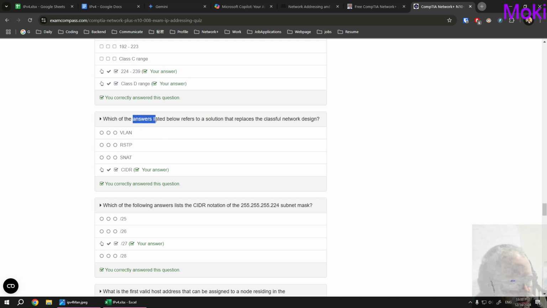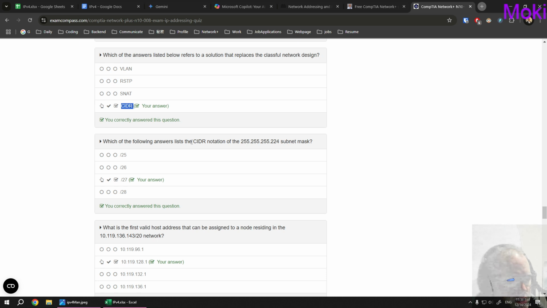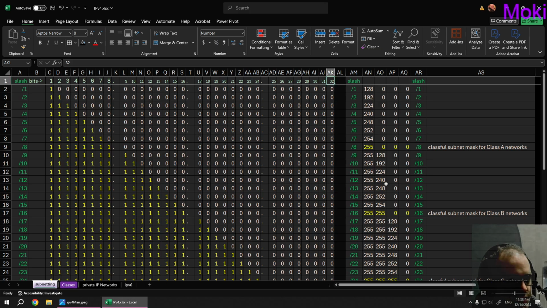Which of the answers refer to a solution that replaces classful? Previously we were using A, B, C classes, now CIDR. What's the CIDR notation of this subnet mask? You have the 224. This 224 is /27.